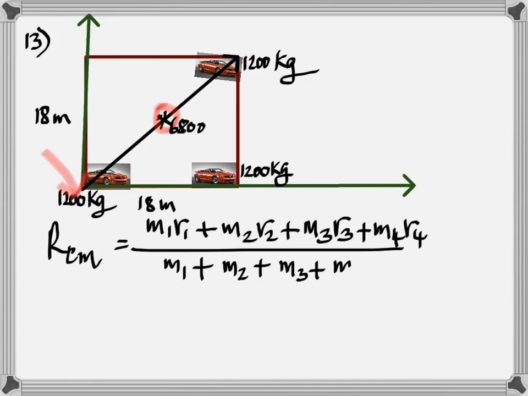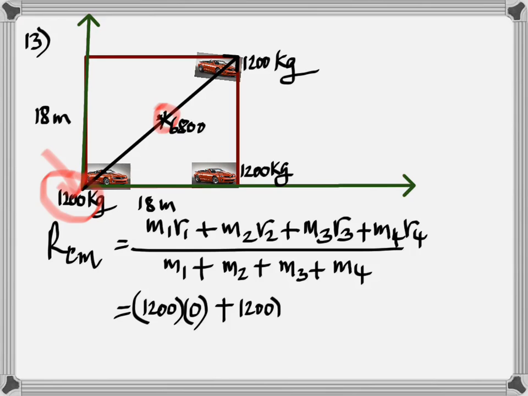The first one obviously becomes 0 because the origin is exactly right at that point, so distance is 0. Remember, every distance is measured from that point. 1200 times 18, okay. Now I'm showing each term.